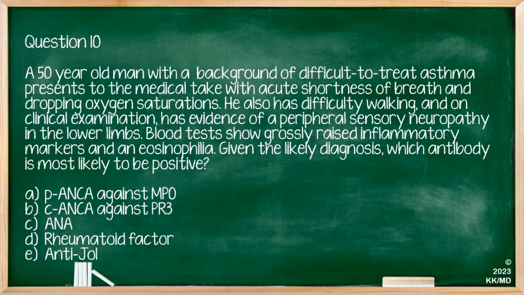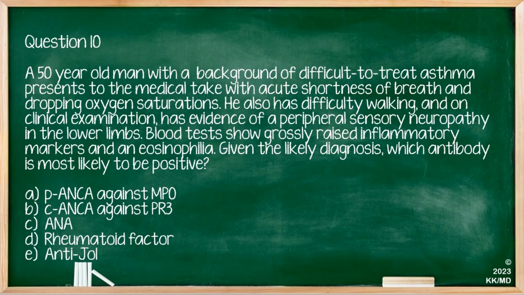Given the likely diagnosis, which antibody is most likely to be positive? A, P-ANCA against MPO, B, C-ANCA against PR3, C, ANA, D, rheumatoid factor, and E, anti-Jo1 antibody.